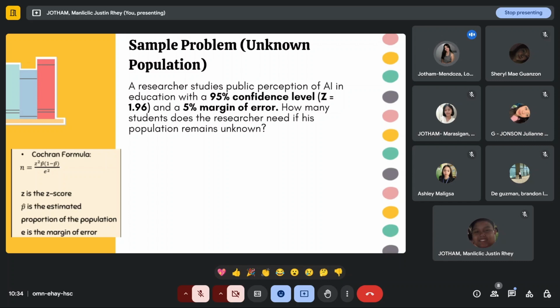Good. Now, what's the estimated proportion? So it's 0.5. So now what's the margin of error?